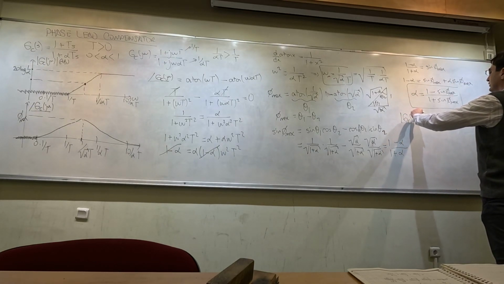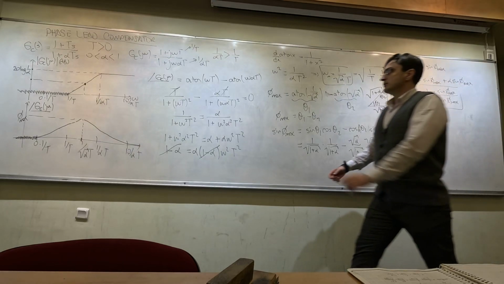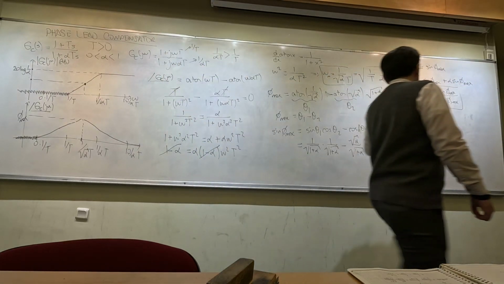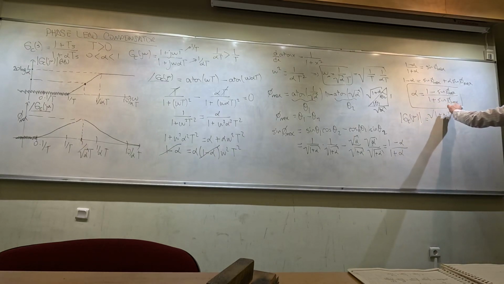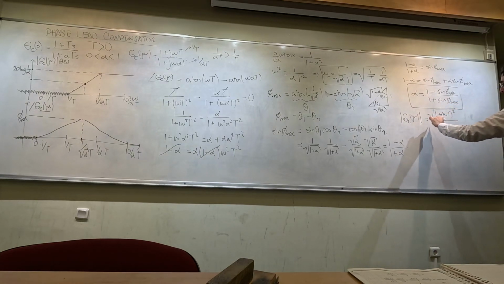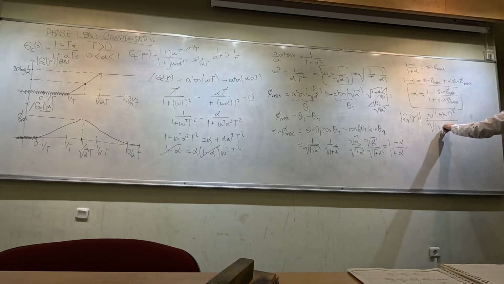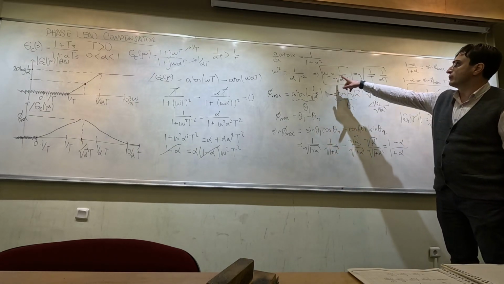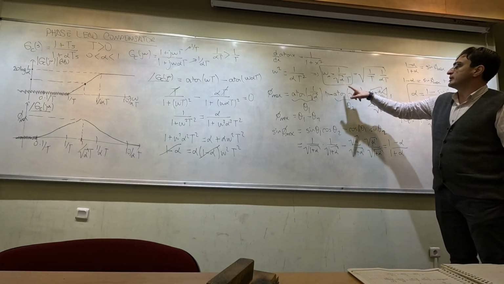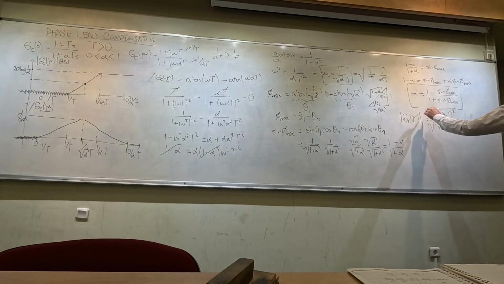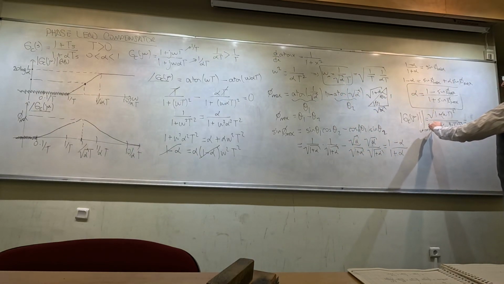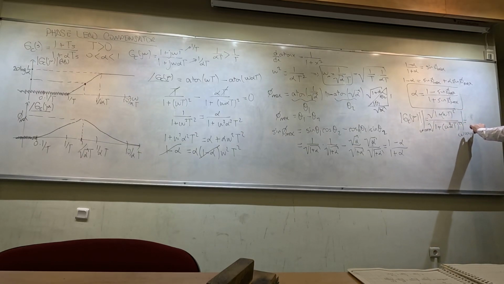Magnitude of GC of j omega is the magnitude of the numerator, square root of 1 plus omega T squared, okay, divided by square root of the magnitude of the denominator, 1 plus omega alpha T squared. Okay. When I substitute omega m into this formula, this is omega equal to omega m, and omega equal to omega m here.